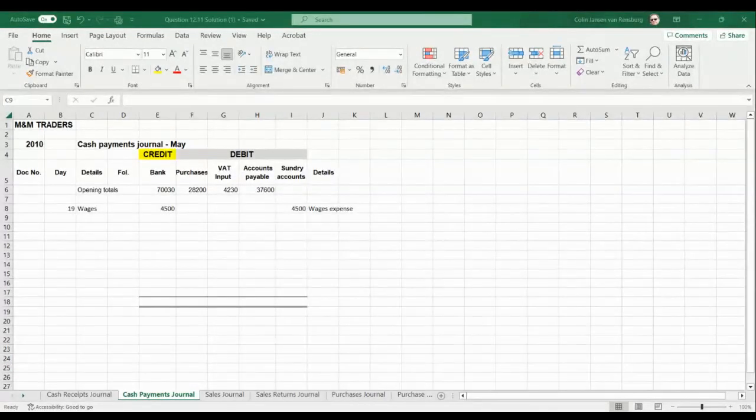So the first decision that we must now take in this transaction is, where are we going to record it? We received an EFT payment from an account receivable, from one of our debtors, in other words. So, ladies and gentlemen, which journal are we going to record that in?